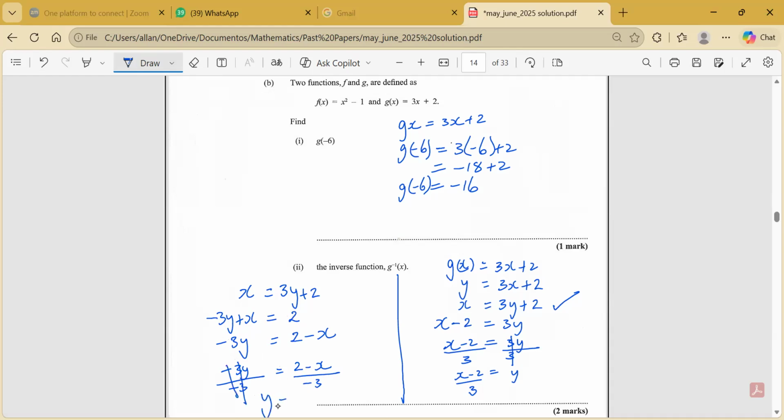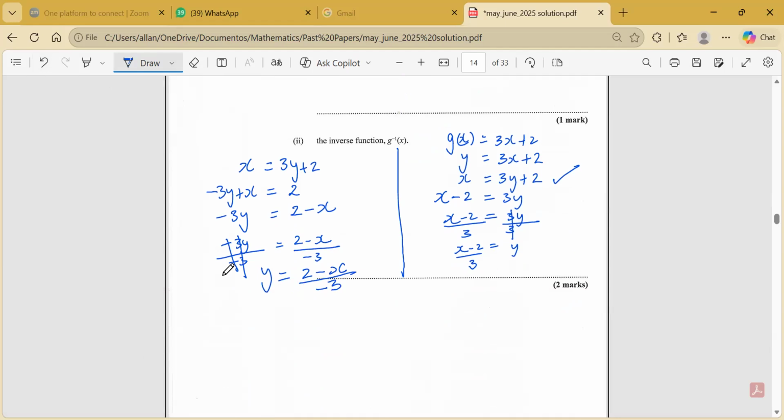So y in her case is 2 minus x over negative 3. Now that's another answer as well. All right, so you have two answers.